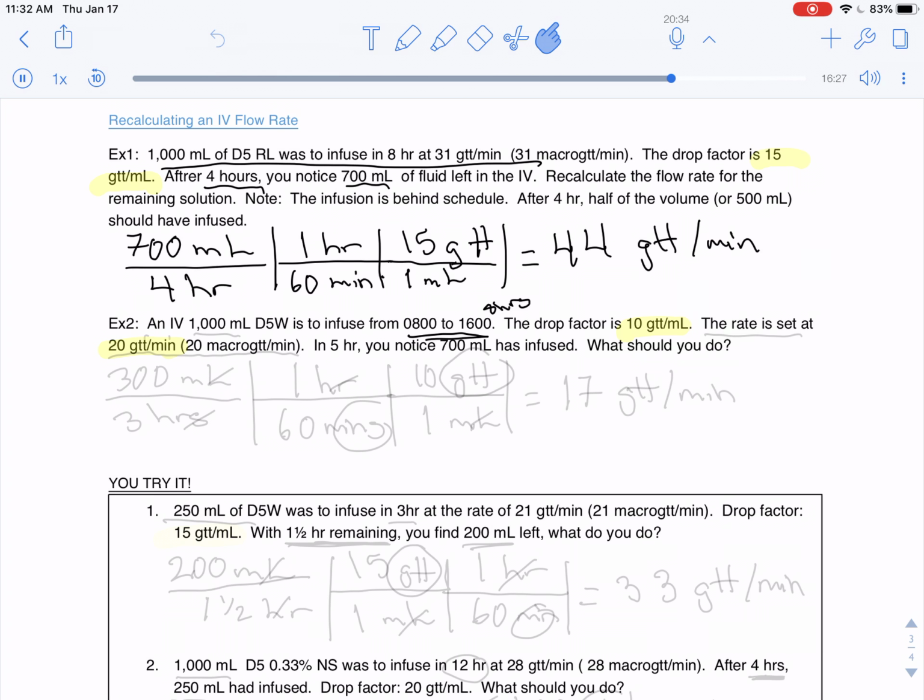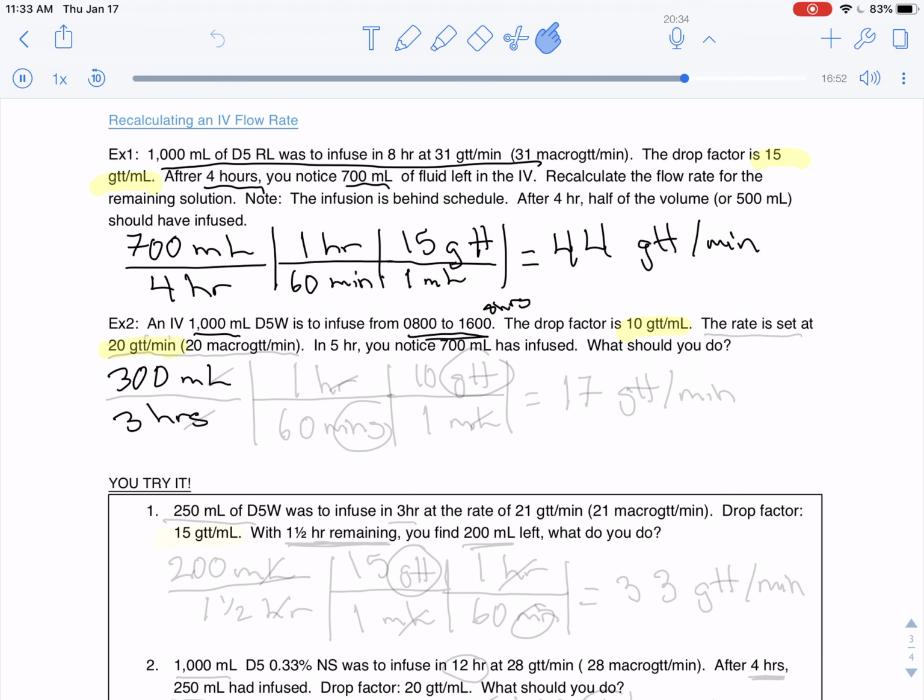So 5 hours have gone past and 700 milliliters were used up. Out of a total of 1,000 milliliters that we had, 700 were already used, so that gives us 300 milliliters left. And out of a total of 8 hours, 5 hours have already gone by, so we have 3 hours left.